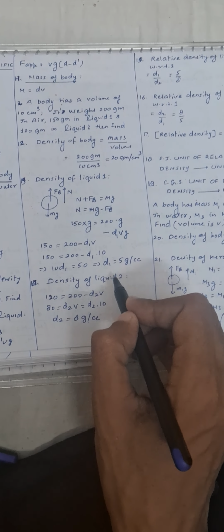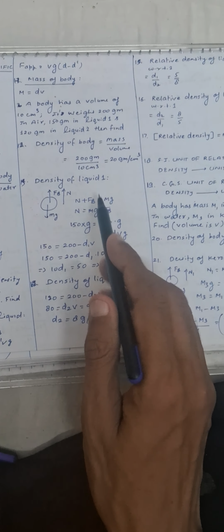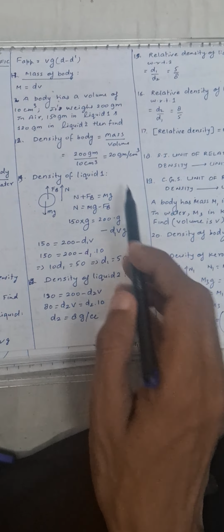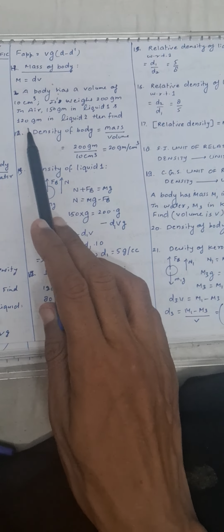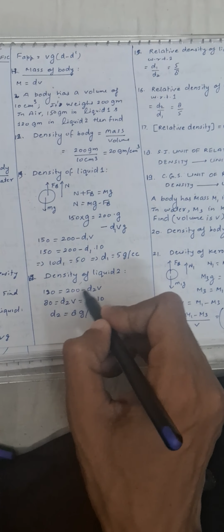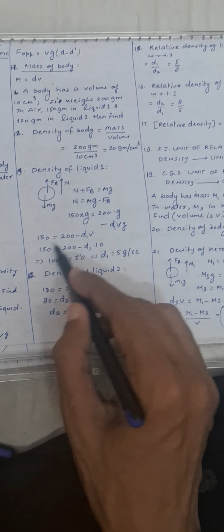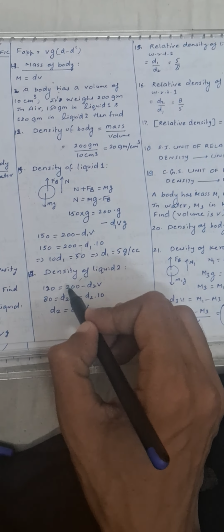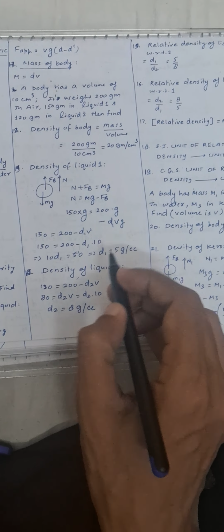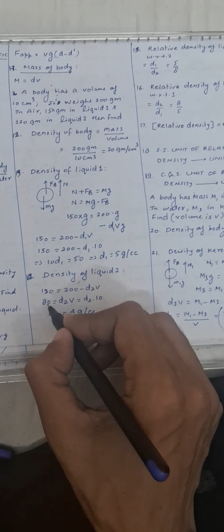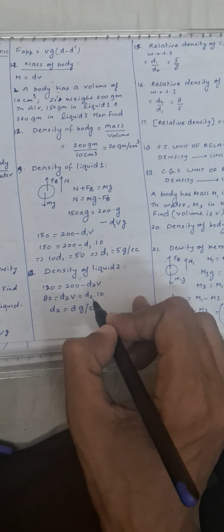Then we need to find density of liquid 2. So in liquid 2, weight is 120 gram. So we can simply write using this equation that 120 is 200 minus d2V. From here we get 80 is equal to d2V.